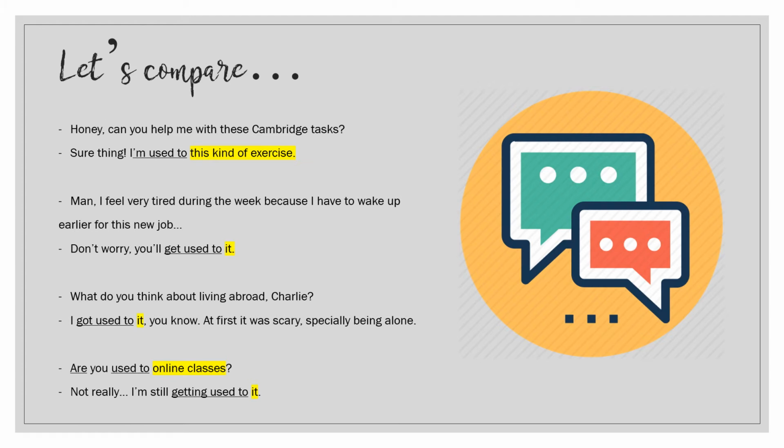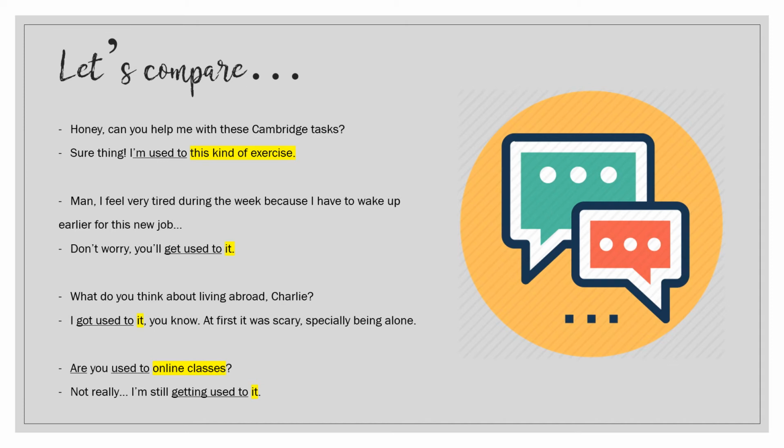So let's see, my friends. In the first one, this person is used to this kind of exercise, which means that this person already knows the rules, already knows how to solve it and stuff. In the second one, they say, don't worry, you will get used to it.